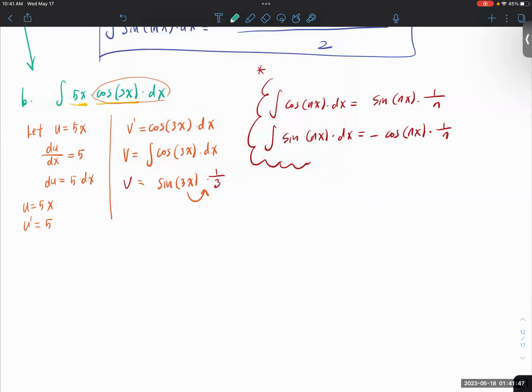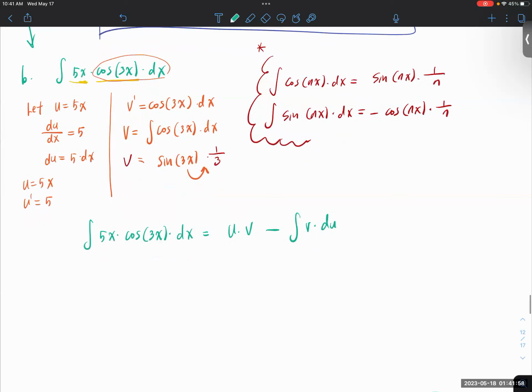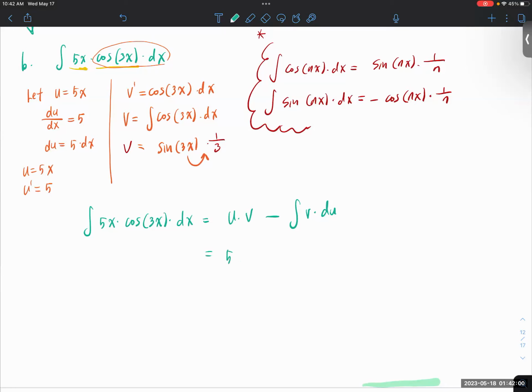So therefore, the integral of 5x cosine 3x dx, we're going to take u times v minus the integral of v du. So u was 5x, v is sine 3x times 1 over 3, minus the integral of sine 3x times 1 over 3, du is 5 times dx.